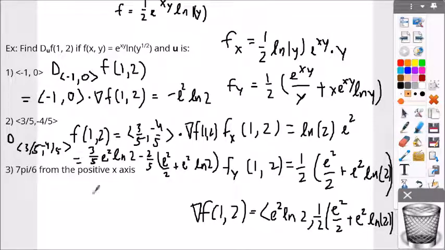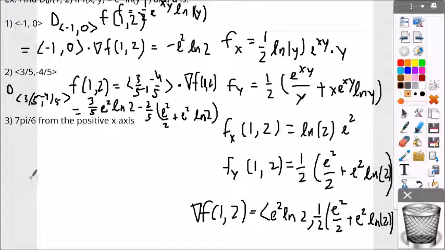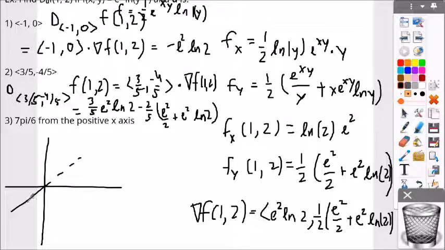Now, 7 pi over 6 from the positive x-axis. This is a little bit tougher. It's a little bit more involved. If you have a coordinate plane like this, 7 pi over 6 from the positive x-axis will be something like this. So if we use our skills to find out what this means, we know that the unit vector can actually be directed by something called the unit circle.